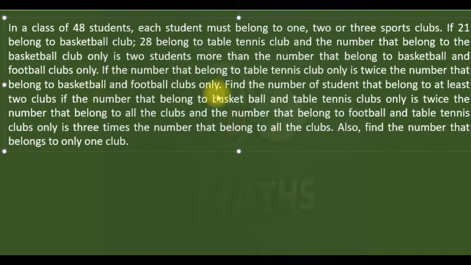Find the number of students that belong to at least 2 clubs if the number that belong to basketball and table tennis clubs only is twice the number that belongs to all the clubs, and the number that belongs to the football and table tennis clubs only is 3 times the number that belongs to all the clubs. Also find the number that belongs to only 1 club.